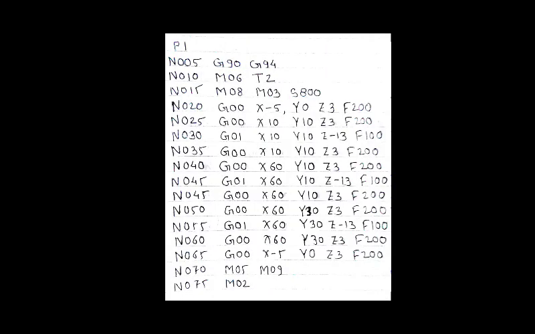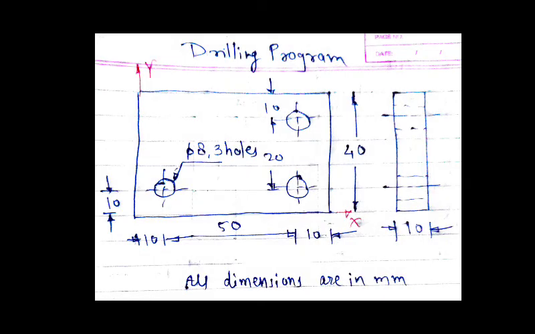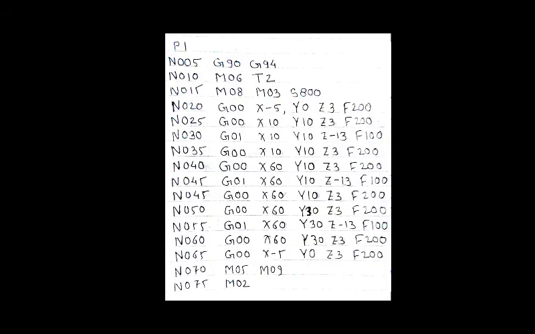Now we are going to move to our second hole. You are supposed to check the coordinate of the second hole and calculate. The second hole's coordinate is X60, Y10.